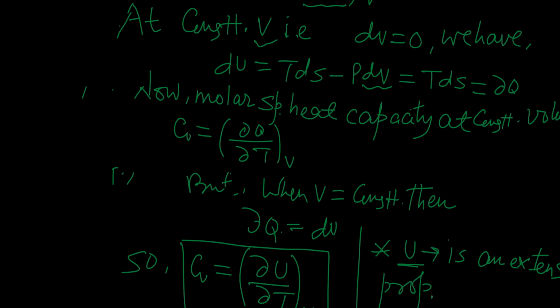At constant V, that is, when dV equals 0, in accordance with the first law of thermodynamics you have seen above, dU is equal to T dS minus P dV.